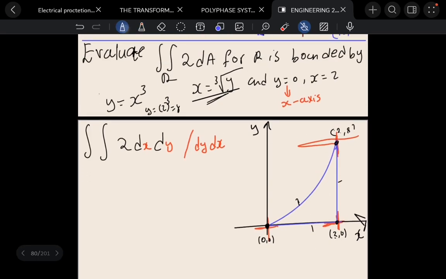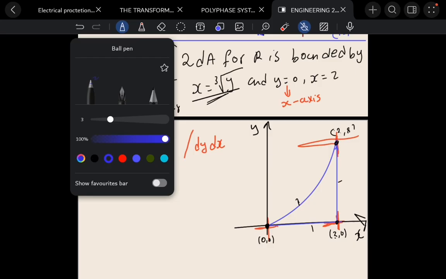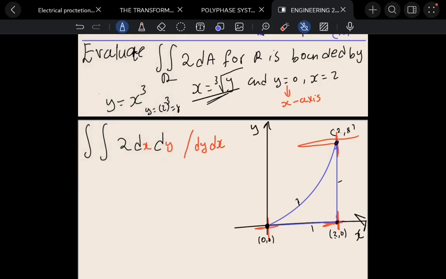So what are the boundaries then? Now if you say dx dy, what is your minimum value of y you have here? It is the x-axis, which is y is equal to 0, and your maximum value of y is 8. Now to get your minimum value of x, you draw a horizontal line on that region from left to right.